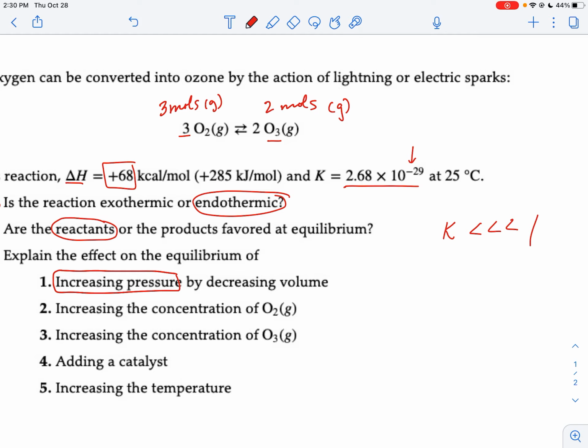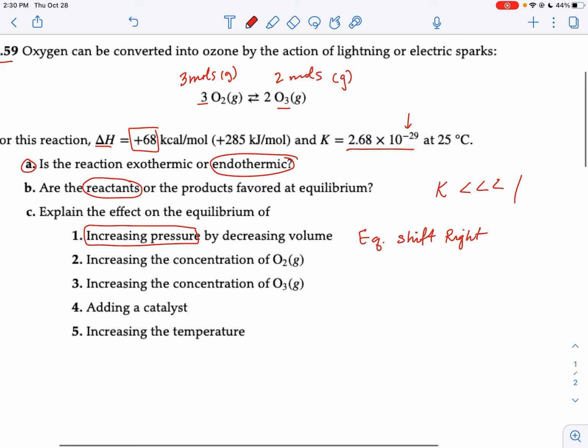It won't always be the same side, but for this equation, that is the right side. So here, equilibrium, I should write EQ, will shift to the right. It will always shift to the side with fewer moles of gas if we increase pressure.